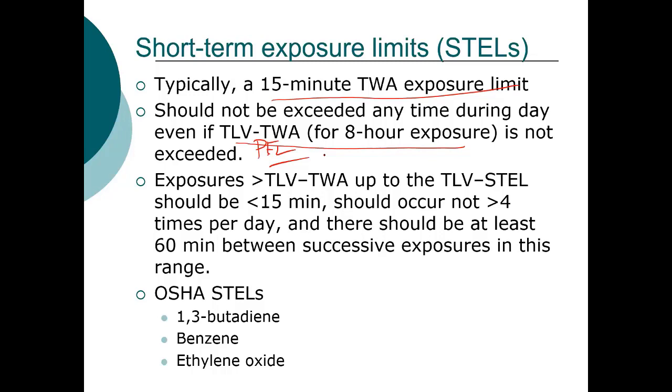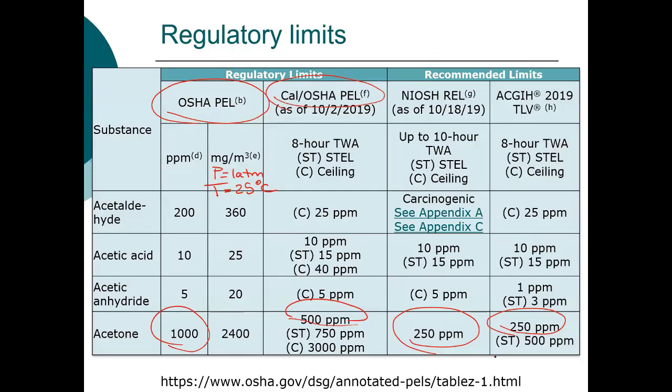The goal is that you don't exceed these STELs. If you do, they should not occur more than 4 times a day, and there should be at least 60 minutes between excessive exposures.